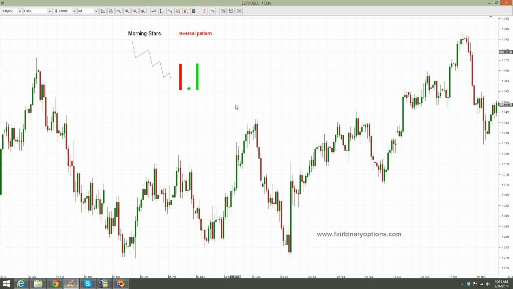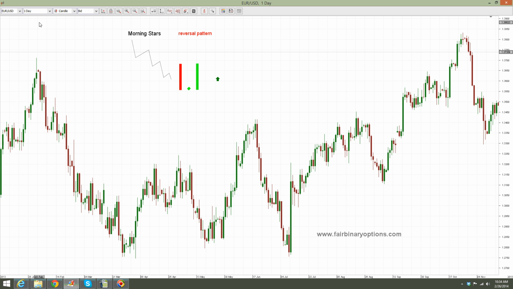So after such a pattern, you should look into buying call options, with the expiration date given by the time frame in which this pattern is identified. The higher the time frame, the more powerful the pattern.